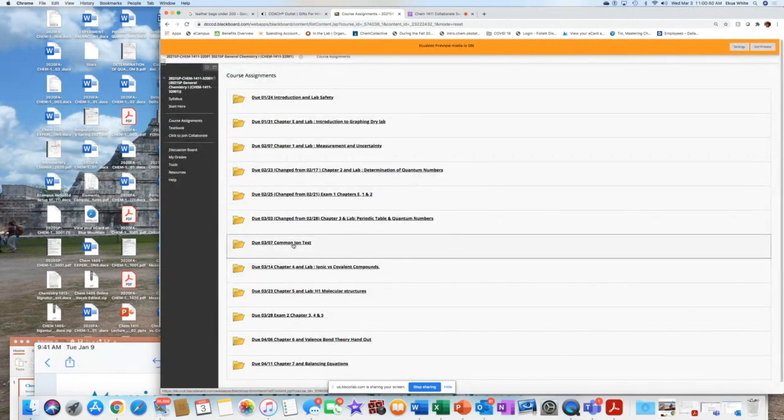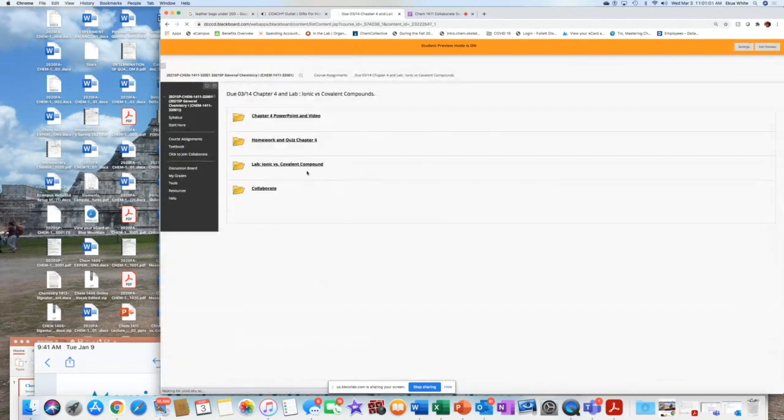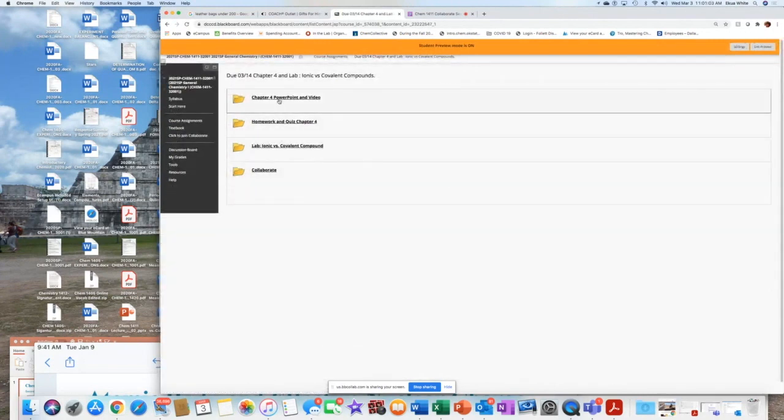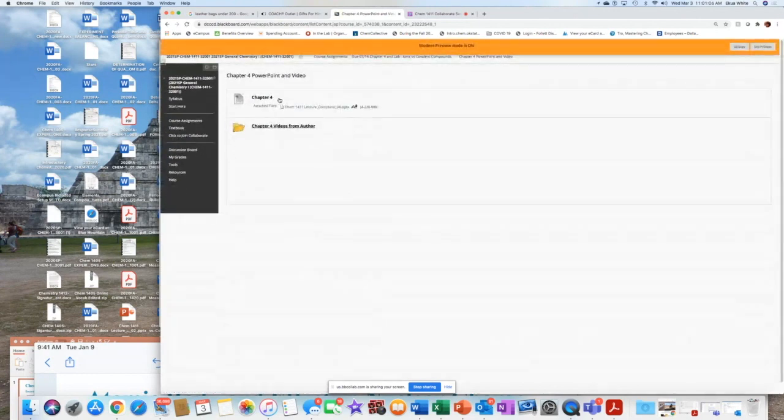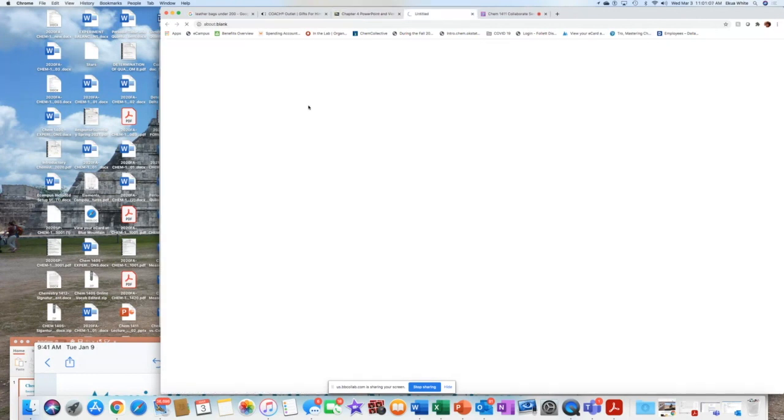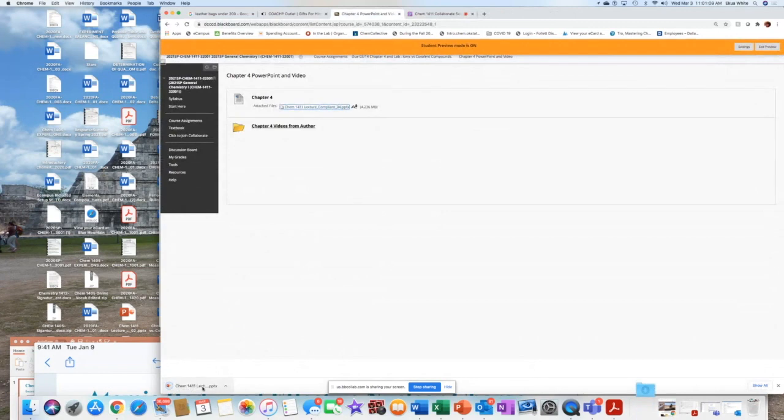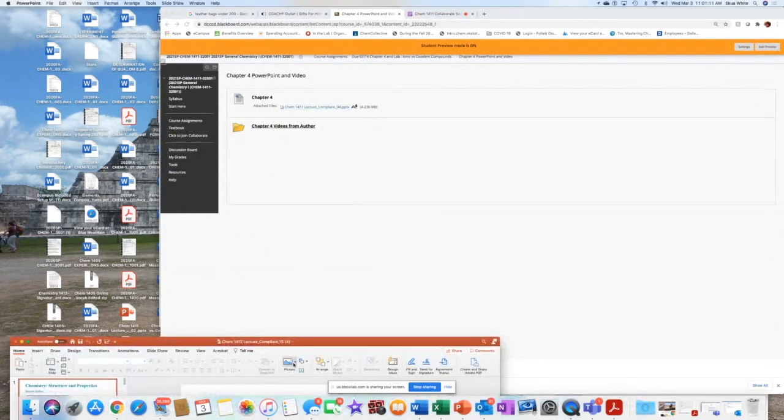Okay. So for your common ion exam, you want to go over chapter 4. Chapter 4 is where we have all those ions and stuff listed, right? The names of the ions. So go over chapter 4, even though we haven't discussed this yet. As far as the naming is concerned.